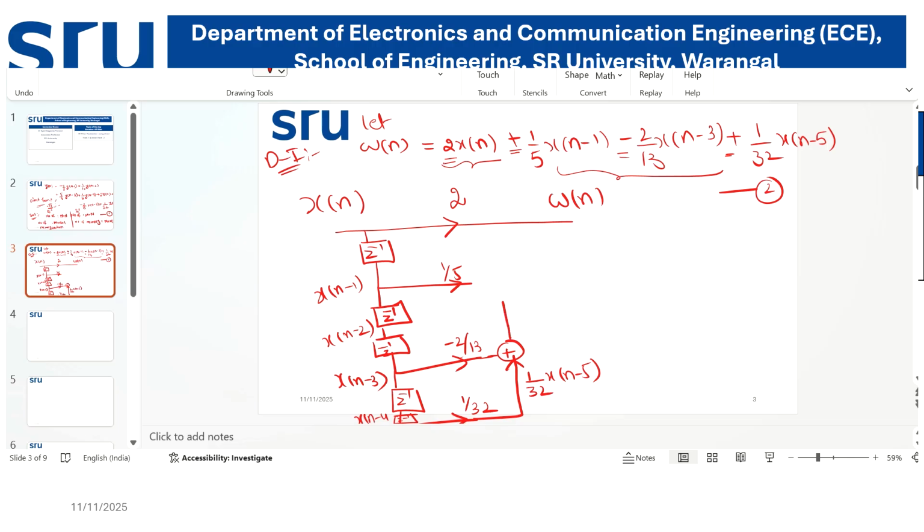Now again it is added with this term, which has minus 2 by 13 multiplied by x of n minus 3. Now this is again added with one more adder to get our final output.